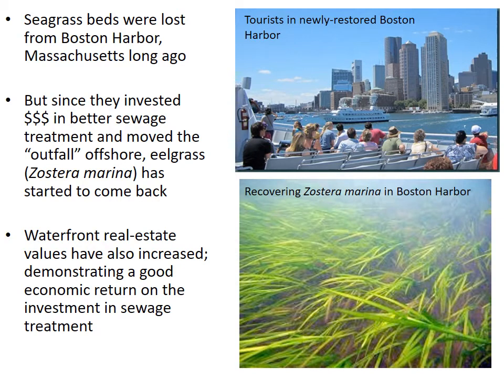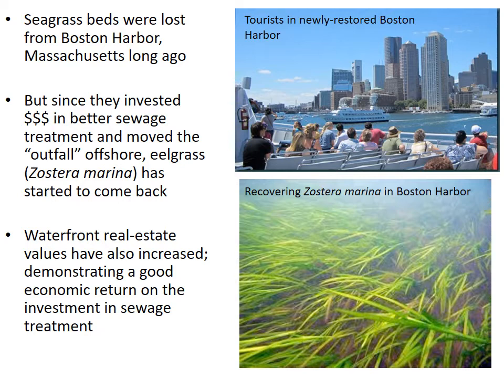So there are a lot of sad stories of environments that were really healthy and declined when human population in the area increased and sewage or other types of pollution mucked up the waters. But there are a handful now of happy stories where improved sewage treatment has restored nearshore environments near heavily populated areas.